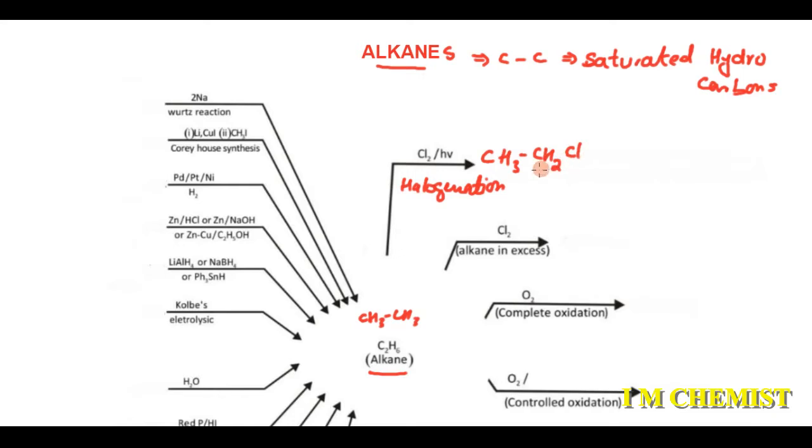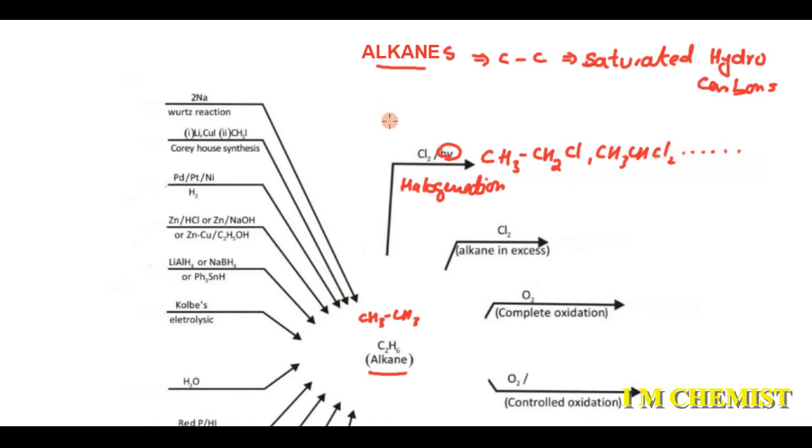In this case one of the hydrogens of ethane is replaced by a chlorine atom in the presence of hν, which is sunlight, and we can get a mixture of products like CH3CHCl2 and so on. A mixture of products will be obtained, and in all these products, hydrogen atoms of the alkane are replaced by halogens.